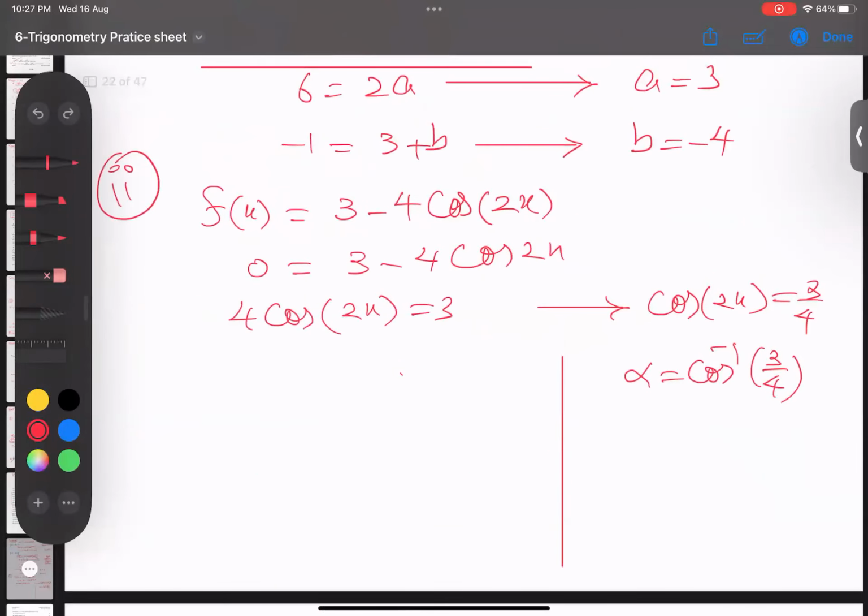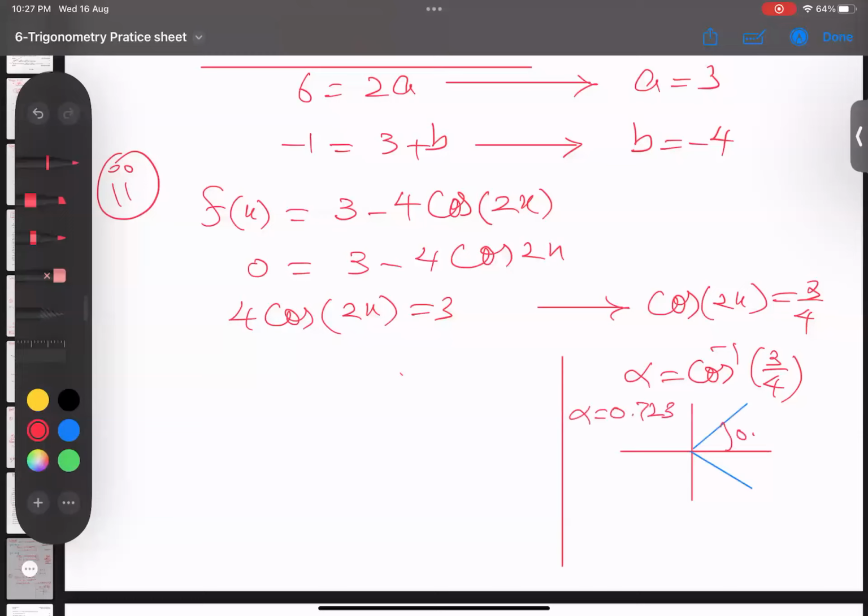If you keep it in degree mode, you will lose marks here. So I hope the point is very, very clear. If I type in calculator cos inverse 3 by 4, it is giving me, if you look carefully, cos is positive here and here. So first answer, actually alpha is becoming 0.723.